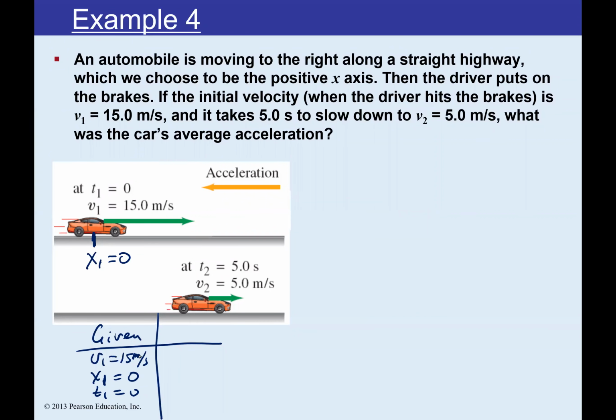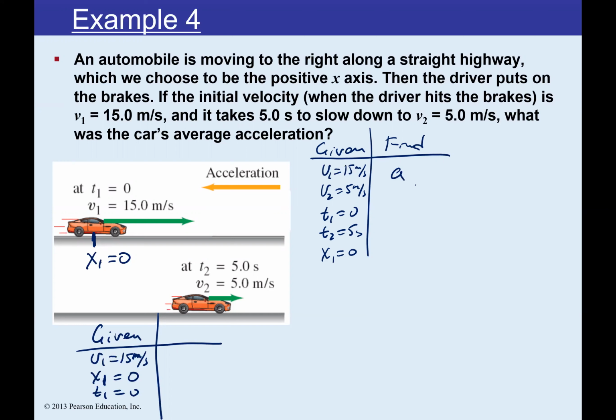So let's say v1 is equal to 15 meters per second, v2 is equal to 5 meters per second, t1 is 0, t2 is equal to 5 seconds, and x1 is 0 because I use that as an origin. So that's what I'm given. And what I want to find is the average acceleration.